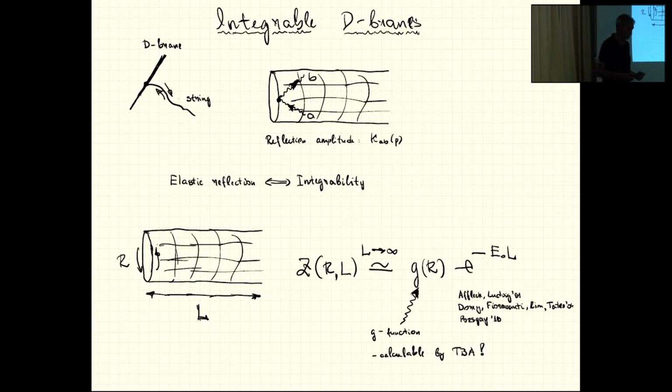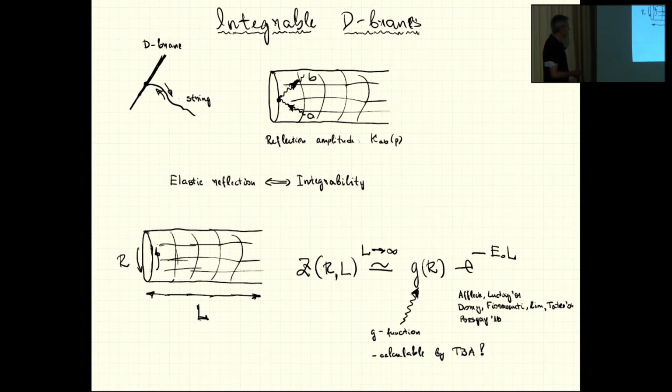In such a situation, we can define a partition function. This is a partition function on a half-infinite cylinder. That's the simplest object we can compute in the presence of the boundary. We can take the limit where the cylinder is literally half-infinite, so very large.